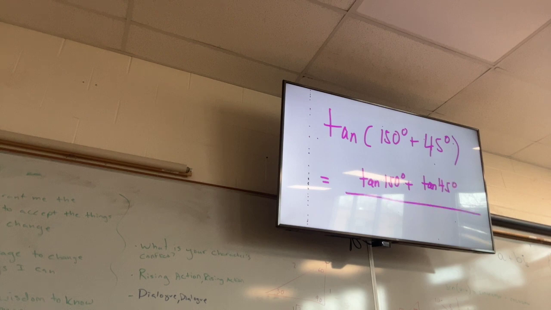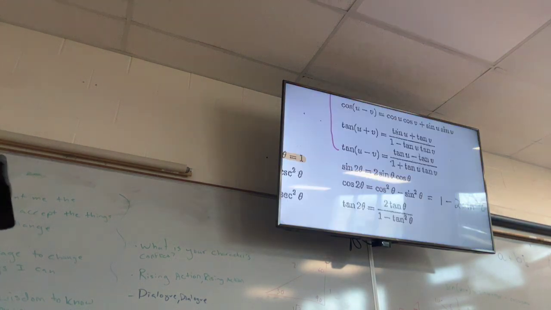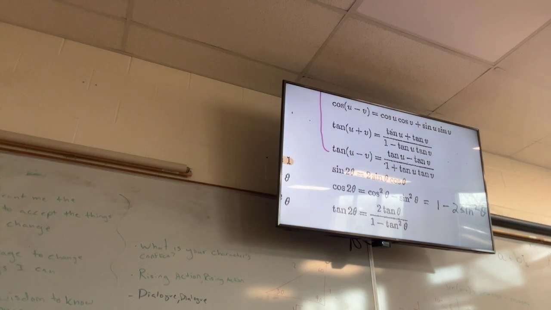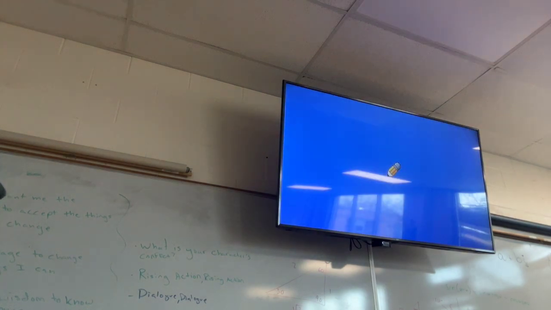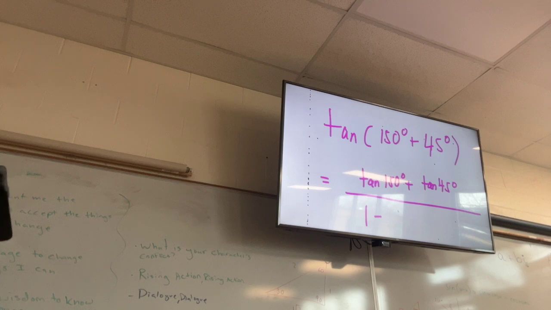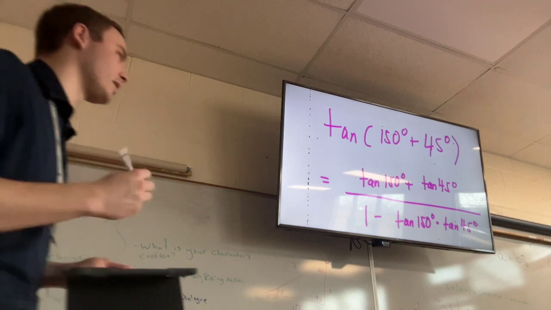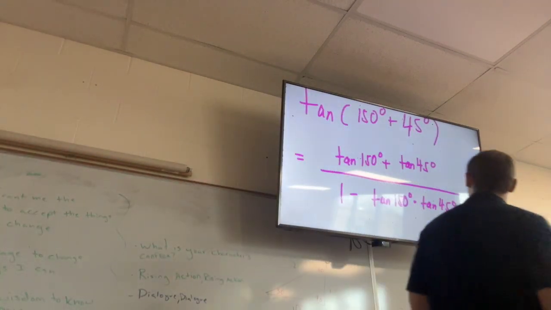And on the bottom, it's going to become 1 minus tan 150 degrees times tan 45 degrees. So I'm plugging that 150 and that 45 into my formula, okay? This stuff's more formulaic. Right? Because it's a lot easier to decide which formula you're using. Okay?